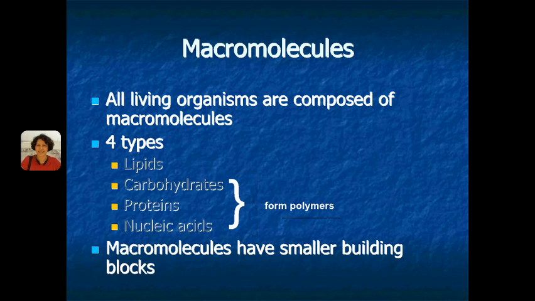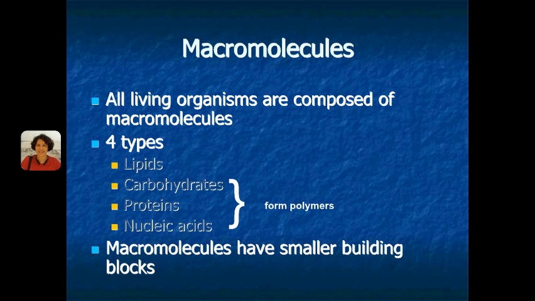So a polymer can consist of thousands to millions of these subunits, forming extremely large molecules. In the case of lipids, their structure is less ordered, maybe more amorphous than that of the other macromolecules.